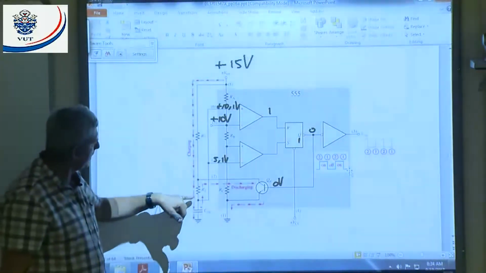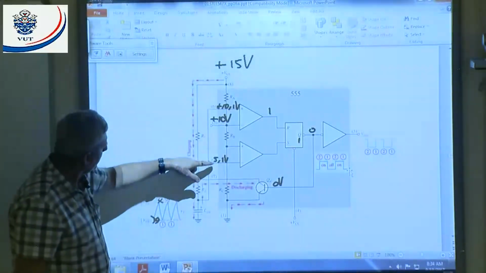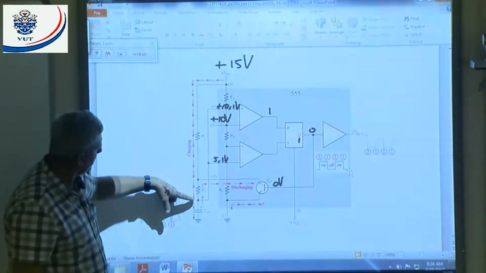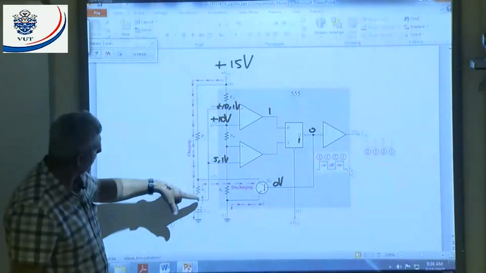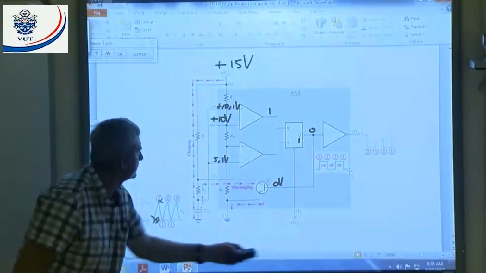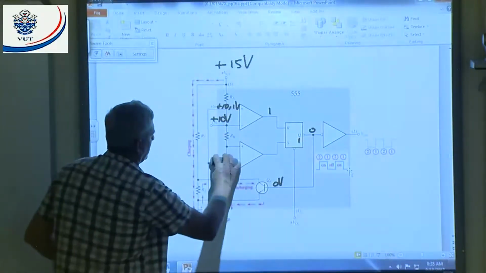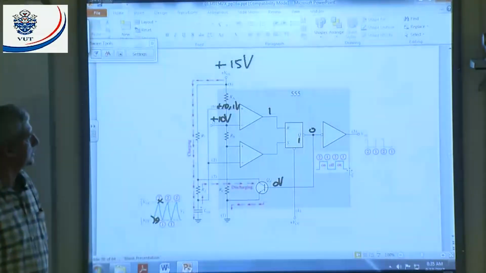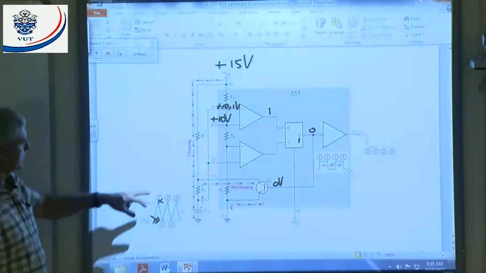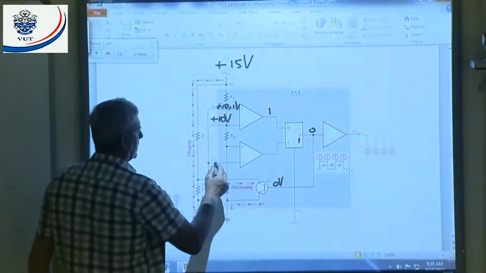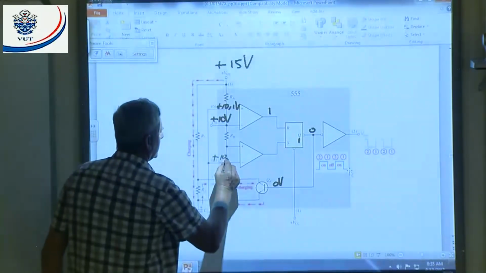And what will happen here? There we had 5.1. Oh yeah. This value here will also change to what? That will now also change to what? 10.1, because if you have a look here, this point will change to plus 10,1 volt.